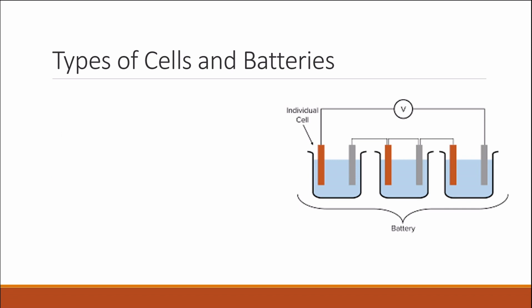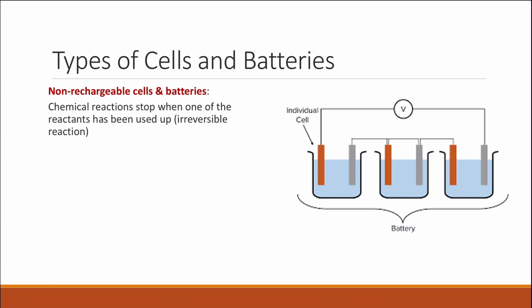So what are the types of electrochemical cells and batteries? There are two types. The first one is non-rechargeable cells and batteries. In non-rechargeable cells and batteries, the chemical reaction that leads to the generation of electricity will stop when one of the reactants has been completely used up, and eventually the battery or cell will stop generating electricity.